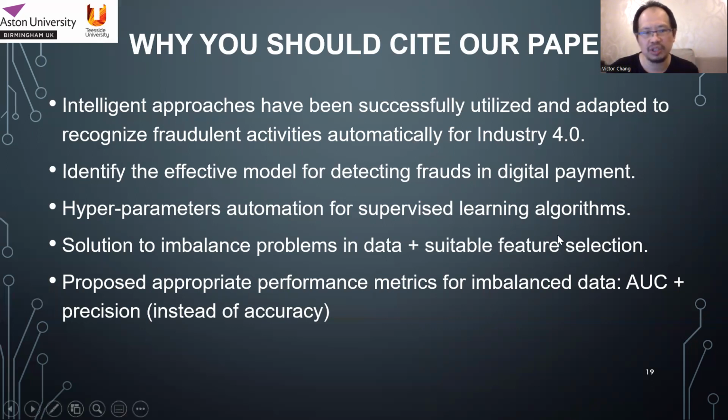And hyperparameter automation for supervised learning algorithms, because we have very sophisticated algorithms to ensure that things are robust. And we have a solution to imbalance problems in data and suitable feature selection, because there's no such thing as perfection in data.